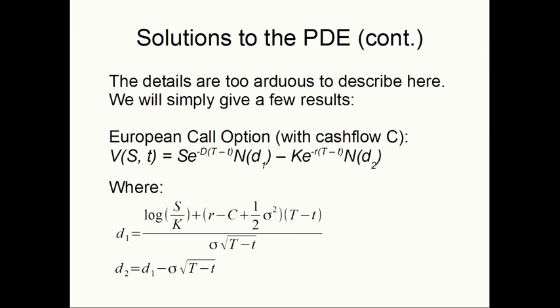The process of solving the PDE is beyond the scope of this introductory lecture, so I will only give a few standard results. This is the European call option value formula.